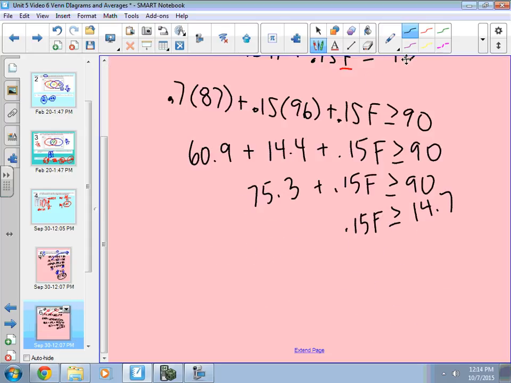If you divide by 0.15, you should find out that they're going to have to get a 98 or higher on the final for this one. So if you got that, you're doing a great job.